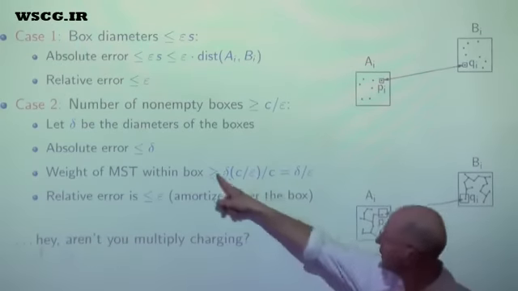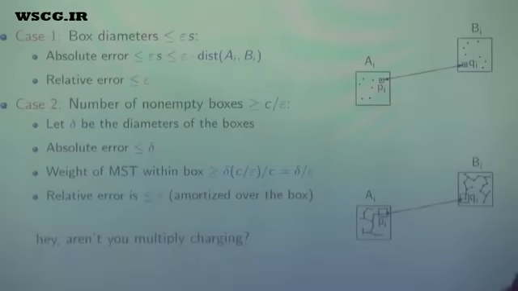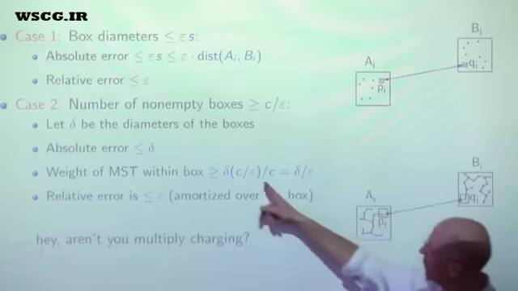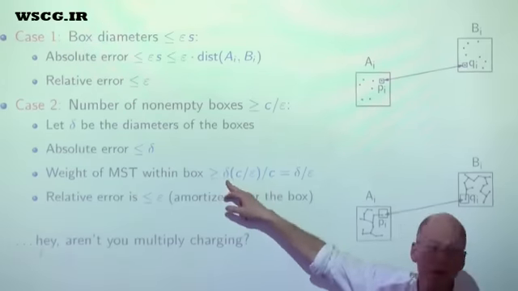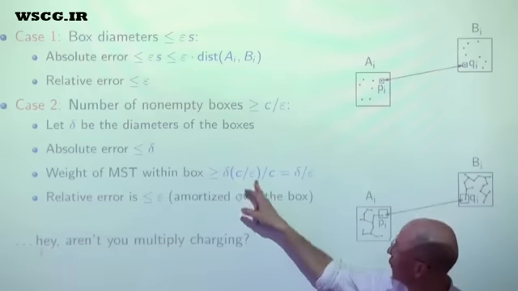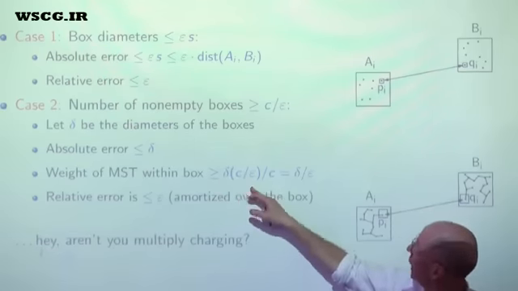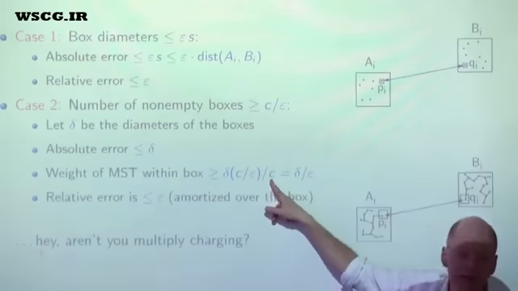But remember, if I apply my previous lemma, the lemma said if you know how big the boxes are, and you know how many boxes there are, you know a lower bound on the weight of the spanning tree. So by this bound, we know that the boxes have diameter about delta, that was our side length before. We know there's c over epsilon of these boxes. Remember there was a constant in that lemma.